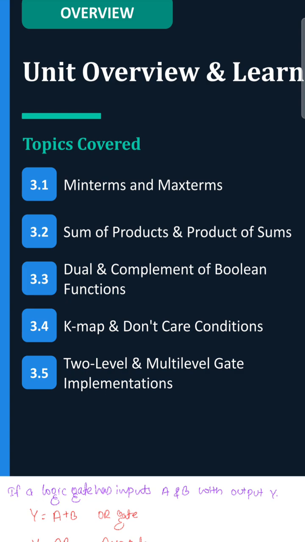In the next lecture, we will cover the complex questions that can be asked in examinations, and a few other topics like min terms and max terms, right? And a little more complex questions that can be asked in the exam.